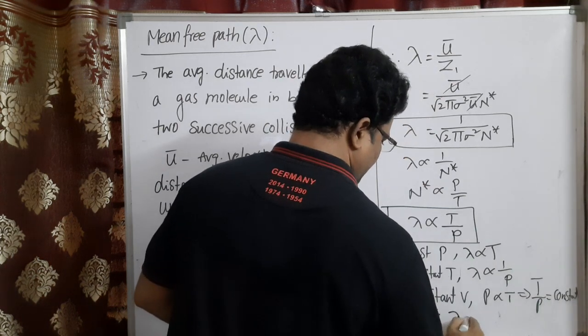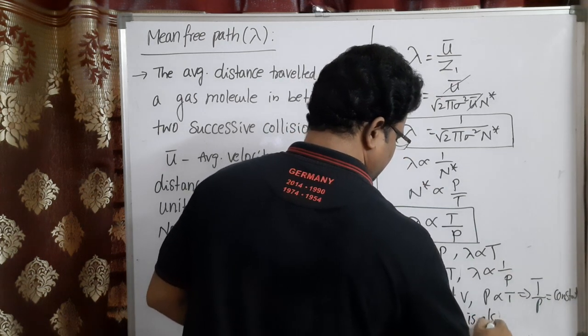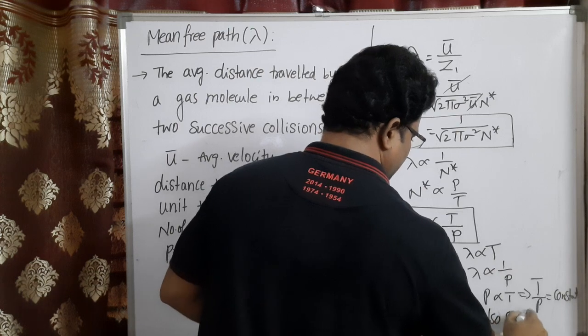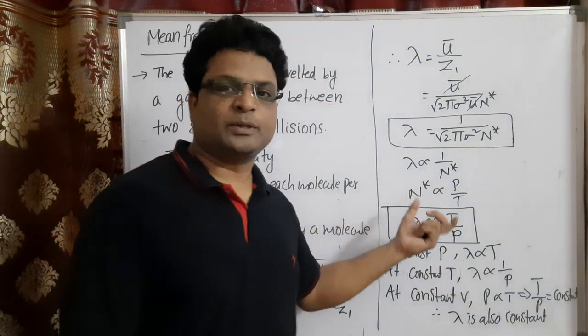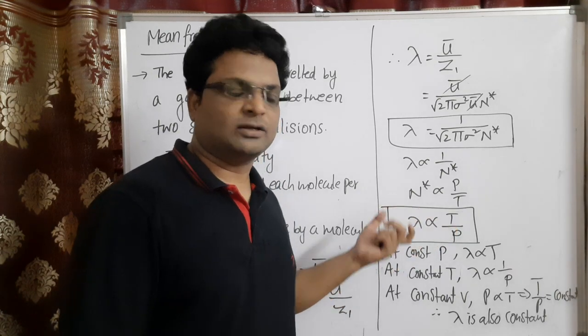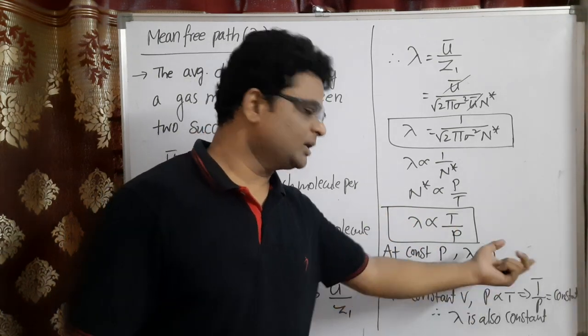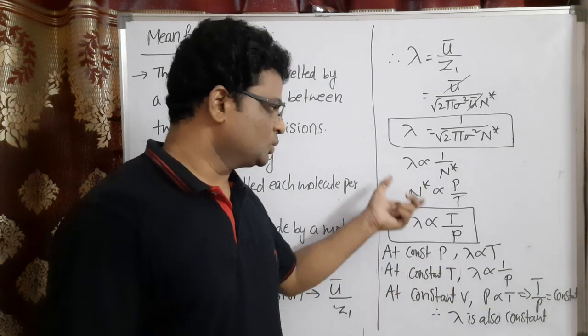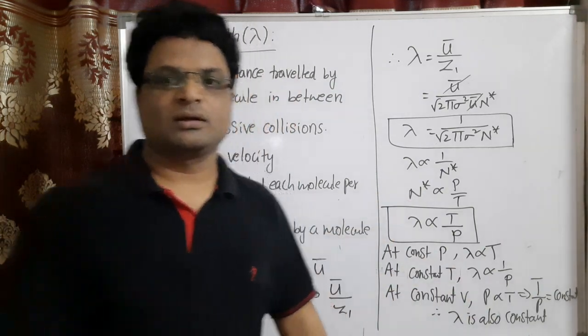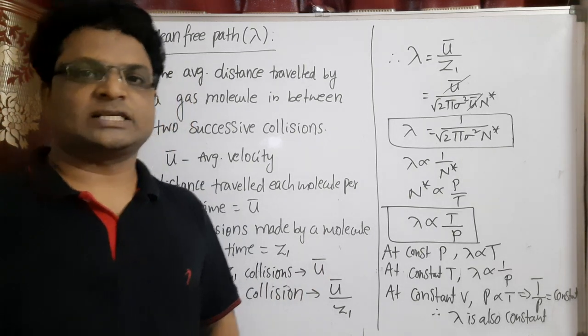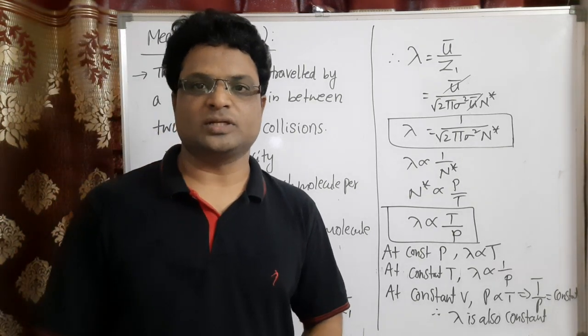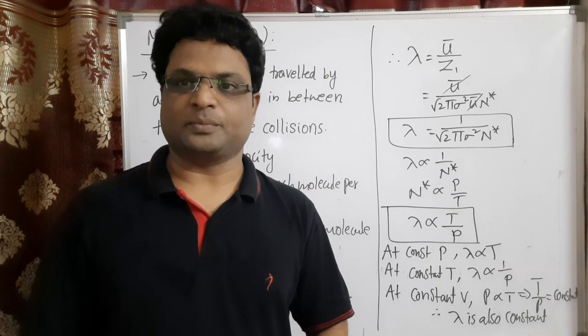Therefore, lambda is also constant. So mean free path will also be constant at constant volume. So these are the expressions for collision number, collision frequency and mean free path. Thank you.